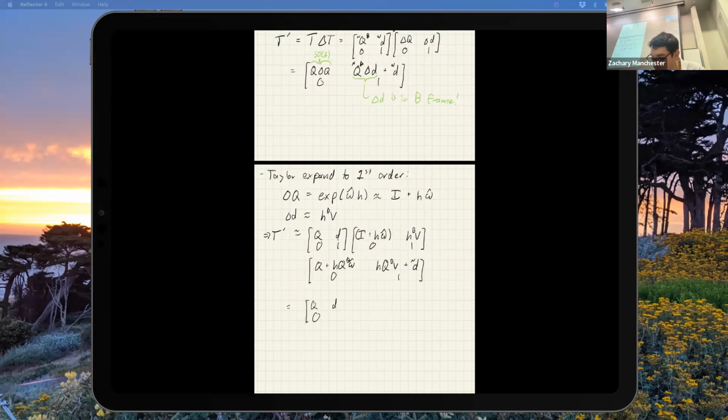QD 0, 1, which is our original T, plus the first order in H stuff, which looks like QD 0, 1 times omega hat V in the body frame 0, 1. I'll write the frames on.